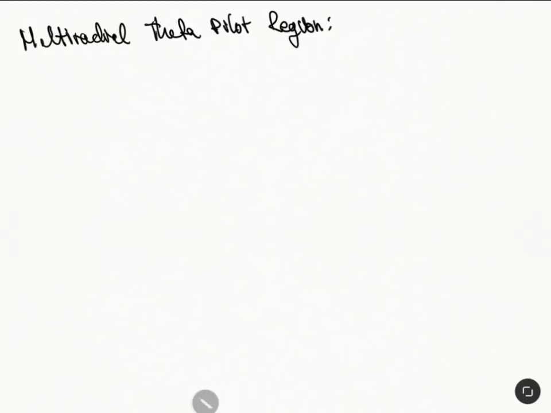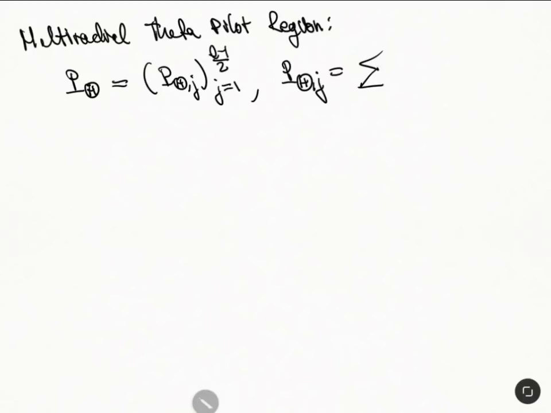Okay, so first we're going to define p theta. So this is going to be a tuple of p theta j's from j equal to 1 to L minus 1 divided by 2, where p theta j is just going to be like the Q pilot, and we're going to do ord v, and then Q double underline, so that's the 2Lth root of this thing.